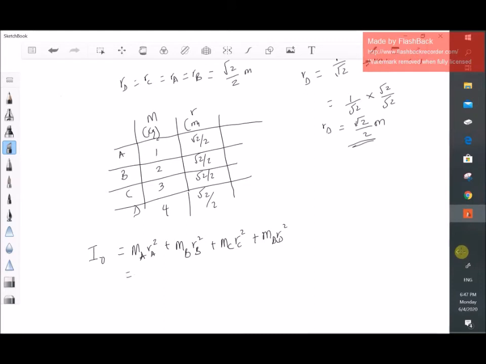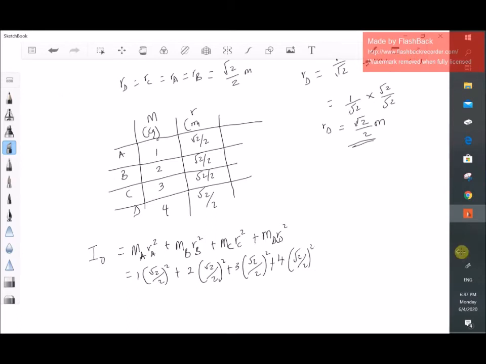That becomes 1 times root 2 over 2 squared plus 2 times root 2 over 2 squared plus 3 times root 2 over 2 squared plus 4 times root 2 over 2 all squared.